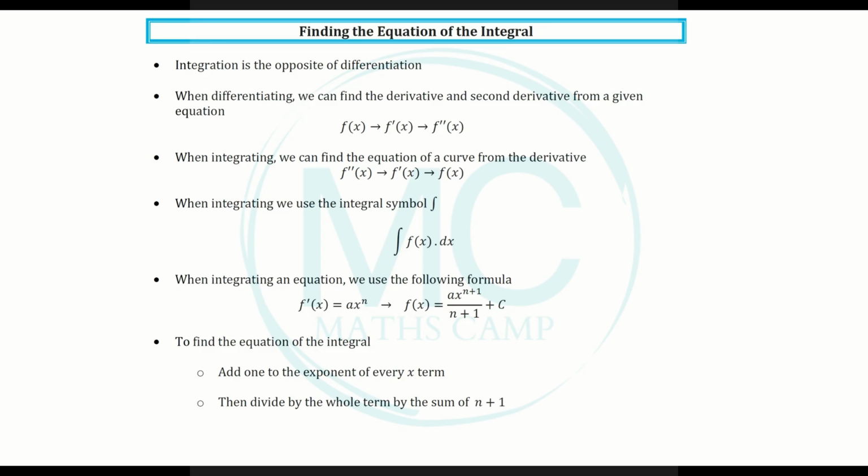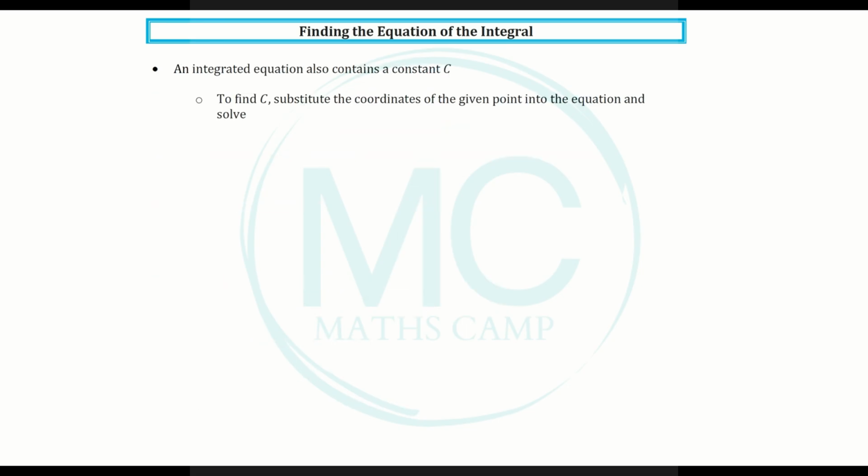So when integrating, the constant in the original equation that you were working with becomes your x term, but you still need to find your constant c. To find c, we substitute the coordinates of the given point into the equation so we can solve.